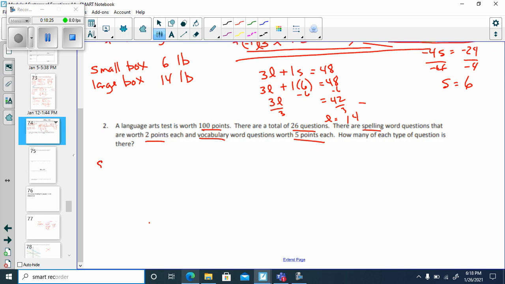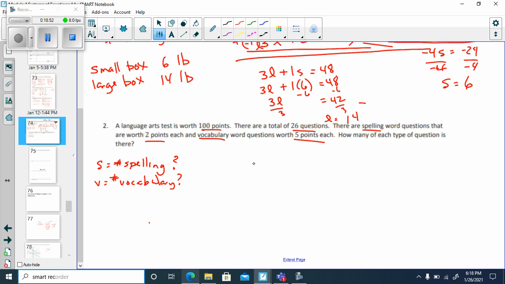S would be the number of spelling questions, and V would be equal to the number of vocabulary questions. See, I chose V because it starts with a V like vocabulary, right? I chose S because it starts with an S like spelling.